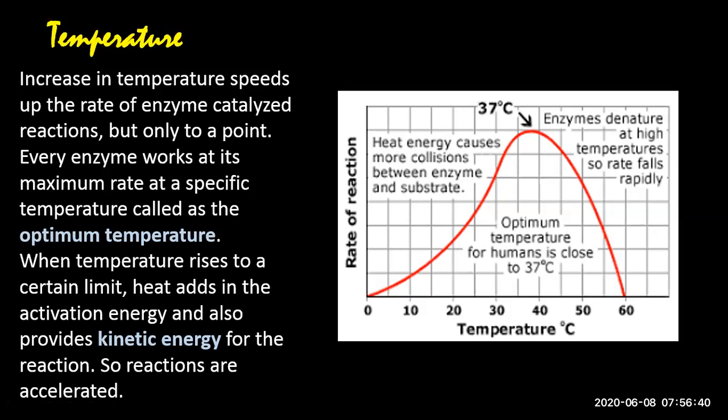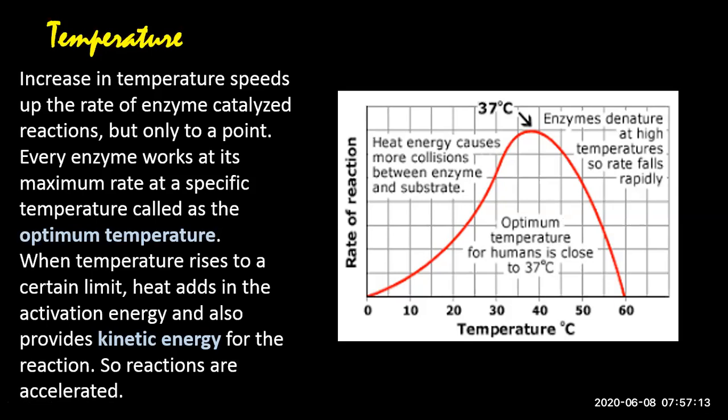There is a certain temperature at which every enzyme works at its maximum rate, and that temperature is called the optimum temperature. When you increase the temperature above that, the enzyme is going to lose its structure. It is going to change its shape and fall apart. And as soon as the enzyme loses its structure, it cannot speed up the reaction.